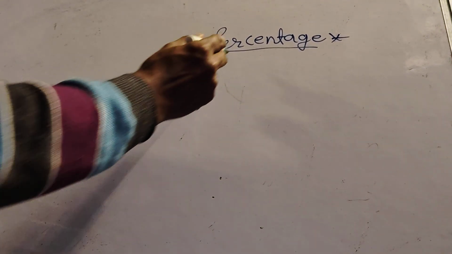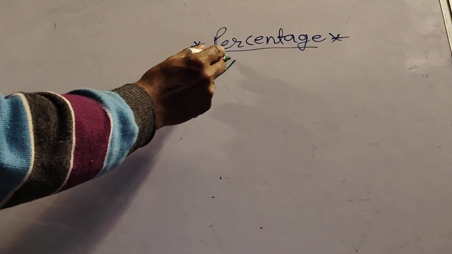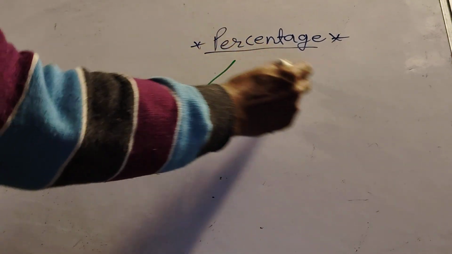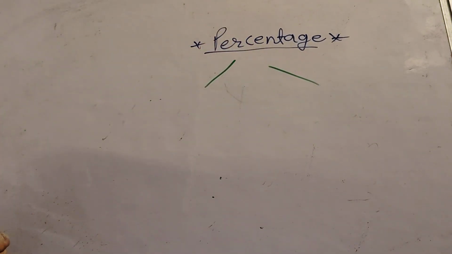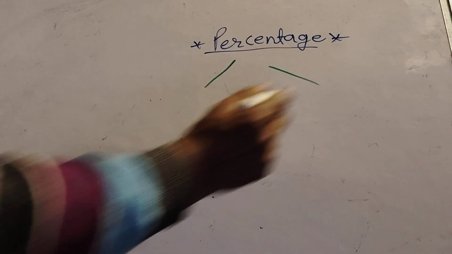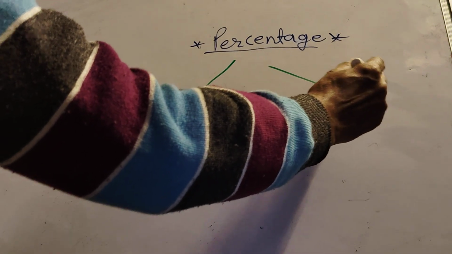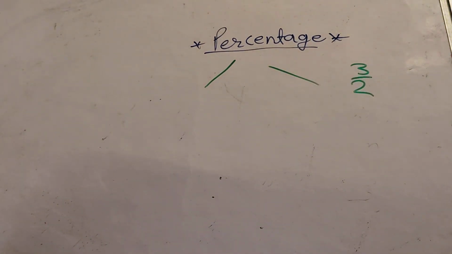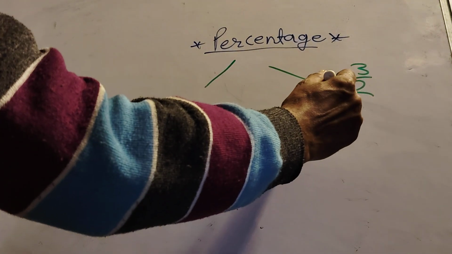The percentage sign has this forward slash, this is called forward slash, and this is called backward slash. Whenever we write fractions like 3 over 2, we can use the forward slash also.